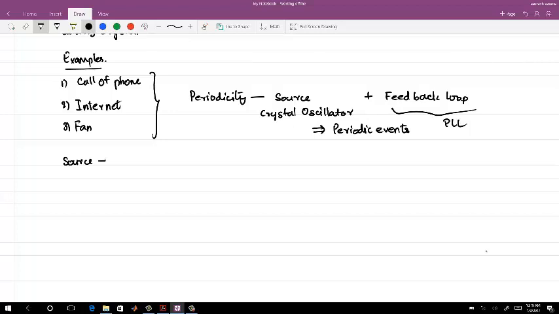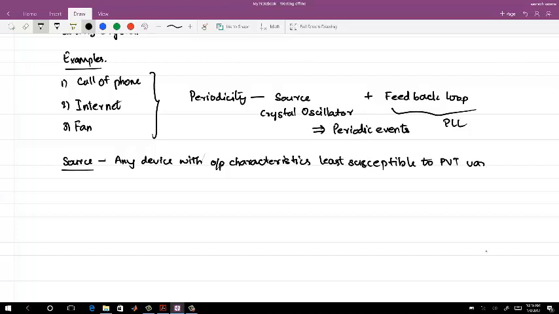So any device with output characteristics which are least susceptible to PVT variations can be used as a source in your system.